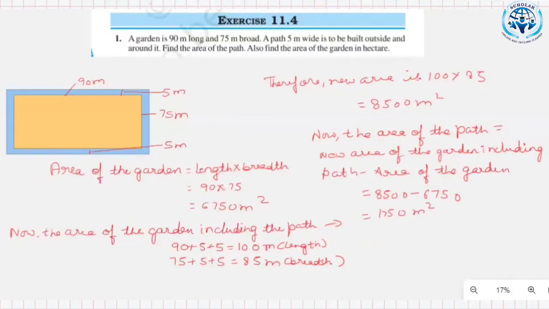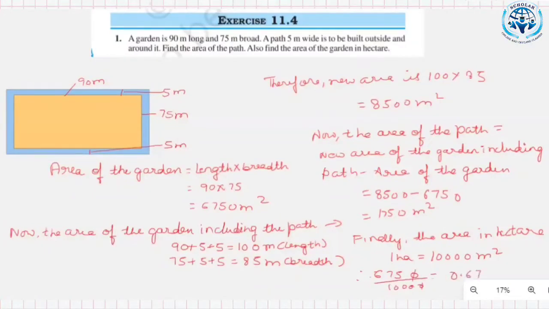Now area in hectare. One hectare is equal to 10,000 meters square. That means the area of the path will be divided by 10,000 because we are converting smaller unit into bigger unit. The answer is 0.175 hectares.